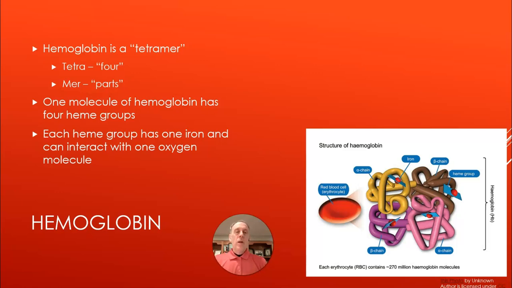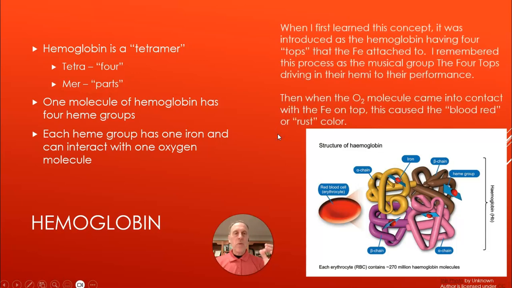I digress. So you can see within here, you have these 4 different colors, and each one has an iron tucked in here, here's one, and here's one. And those allow, like I said, the ability to interact with the oxygen.